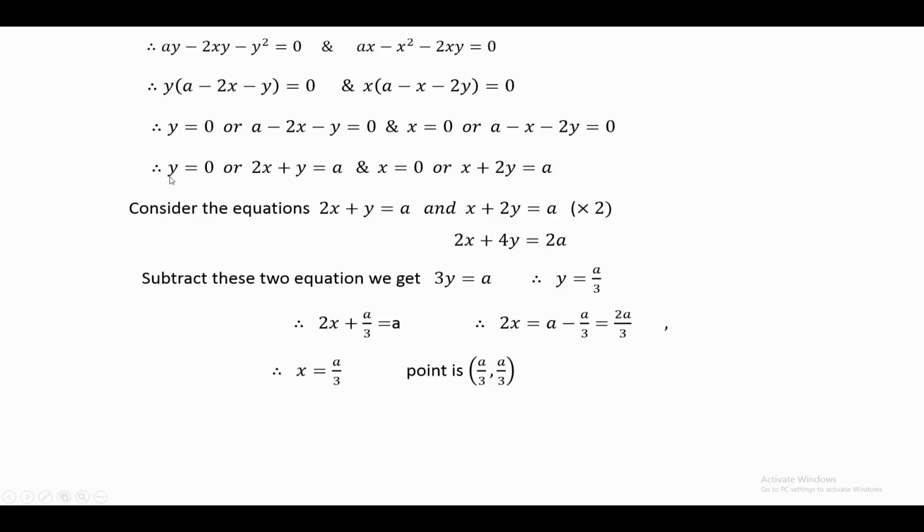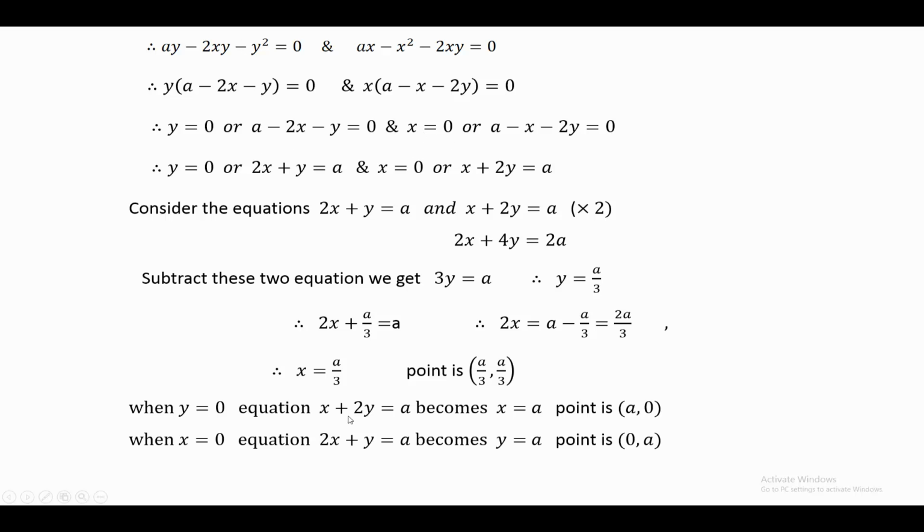Now first use y is 0 and put the value of y as 0 in the equation. When y equal to 0, the equation x plus 2y equal to a becomes x equal to a. The point is (a, 0). Now put x equal to 0.